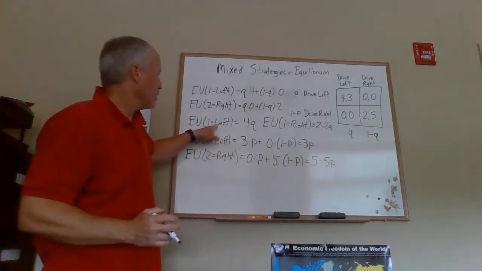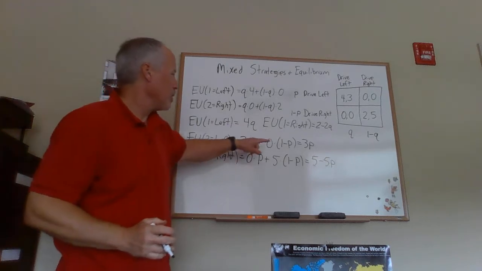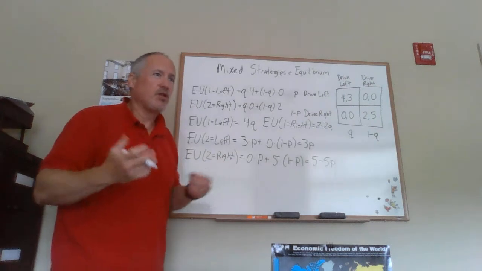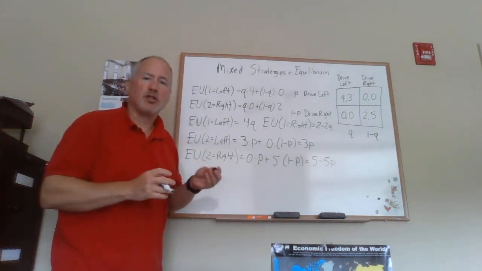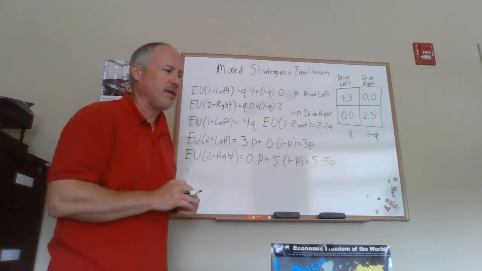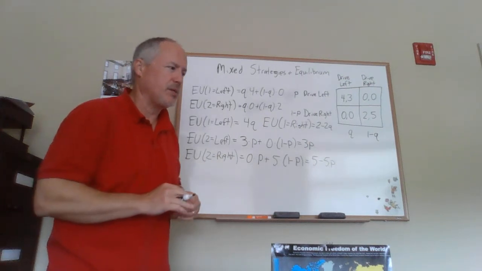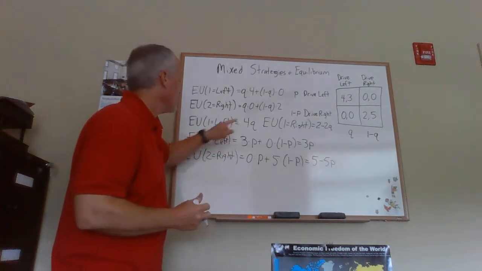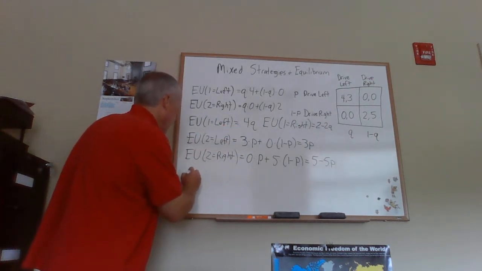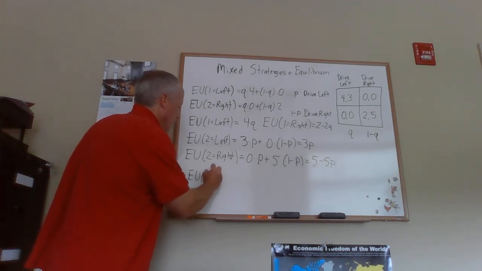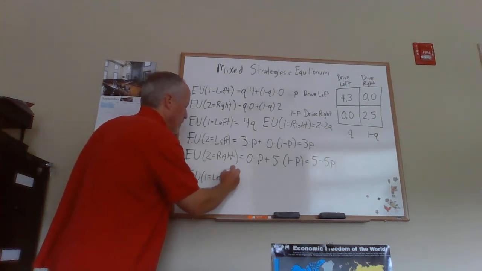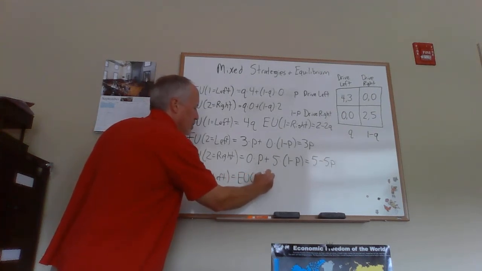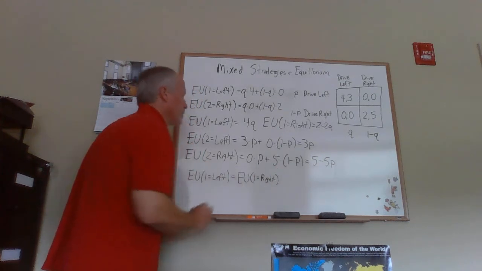Okay, so we have two equations for player 1, and two equations for player 2. In this class, the only thing we'll be doing is solving for purely mixed equilibrium. Whenever we talk about equilibrium with a mixed strategy, we'll just be worried about purely mixed equilibrium. In equilibrium, we need player 1 to be indifferent between their two strategies.